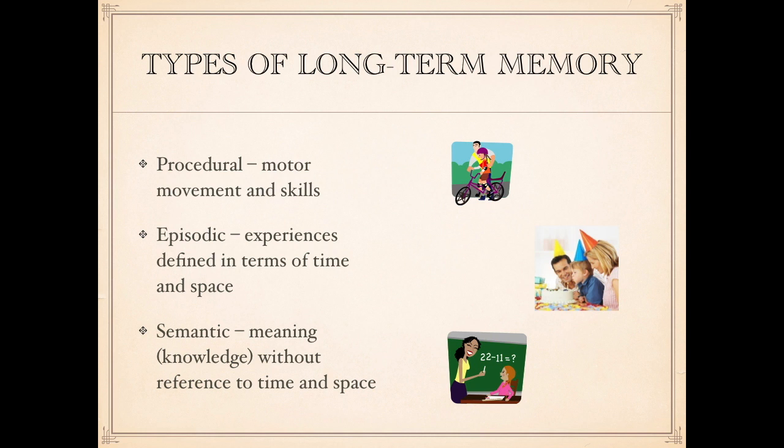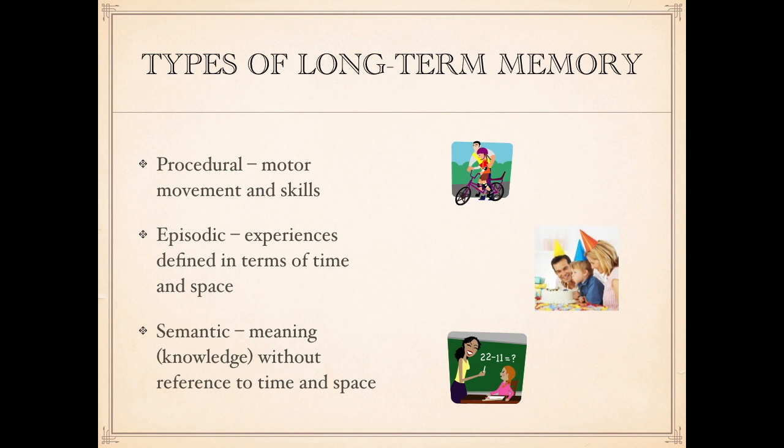The last type of long-term memory is semantic memories. Semantic memories are best referred to as your book knowledge or factual knowledge. The information that you learn has no reference to a particular time and space in your life, unlike episodic memories, which do have terms in time and space.